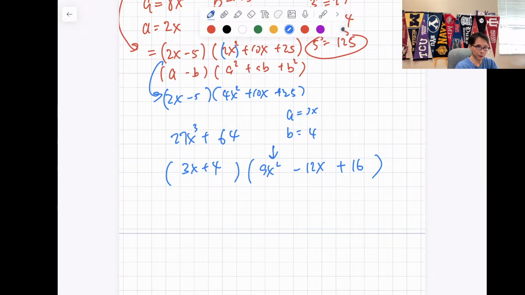Last one is factor by grouping. Factor by grouping is actually fairly easy. I might run out of time, but I'll give you some practice.